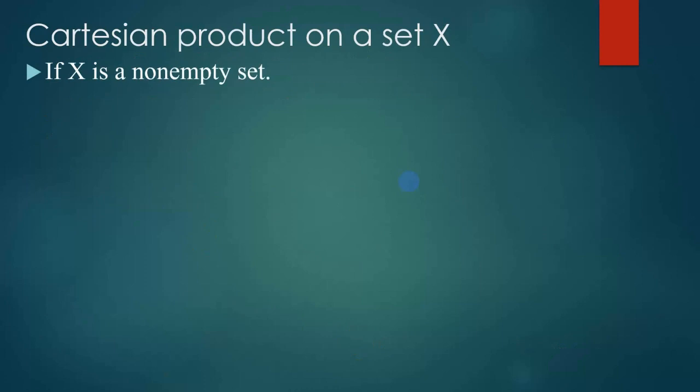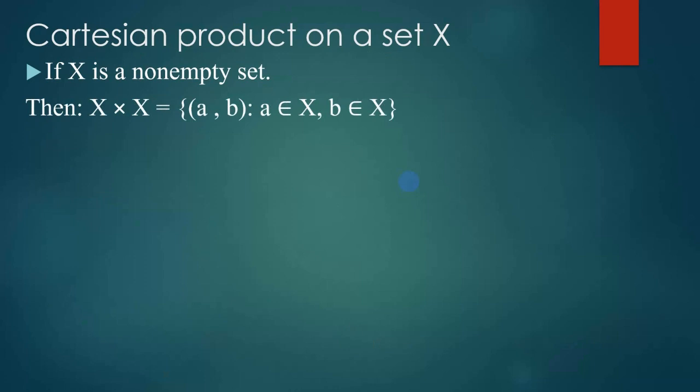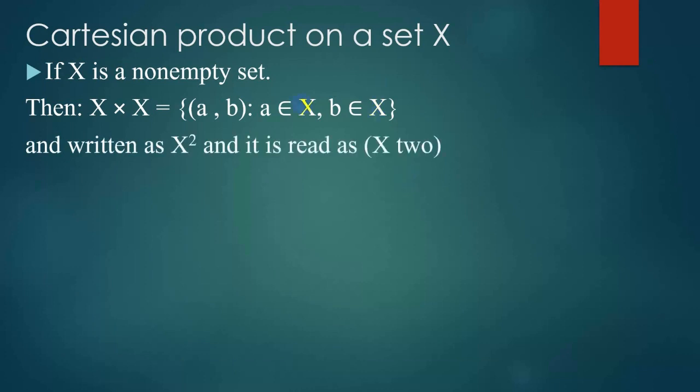If X is a non-empty set, then X cross X is the set of all ordered pairs whose first projection belongs to X and second projection belongs to X, meaning both projections of these ordered pairs belong to the set X. It's written in this form, and it's read as X2, not X squared or X to the power of 2. It's read as X2. Okay?